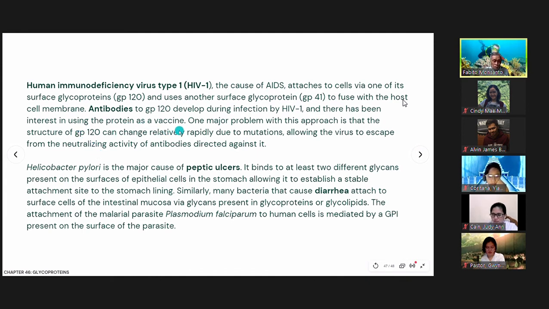The only problem here is that the virus can easily mutate, and if they can easily mutate, they escape the activity of the antibodies directed against it. I hope the coronavirus that we have will not immediately mutate and stay as is.